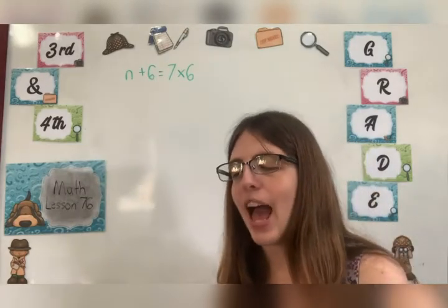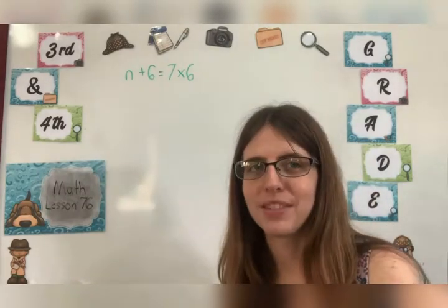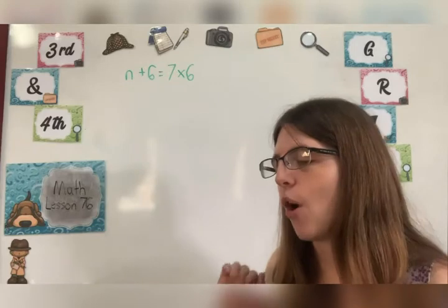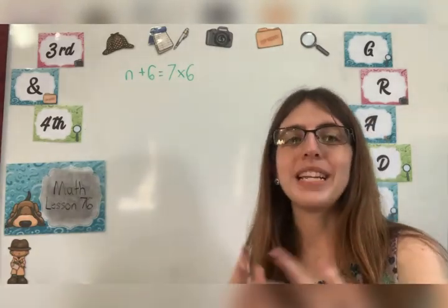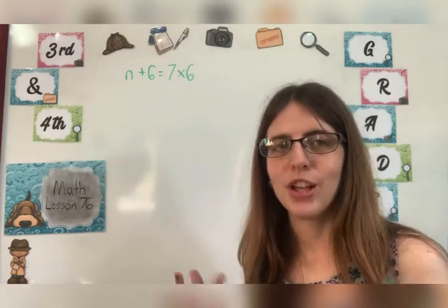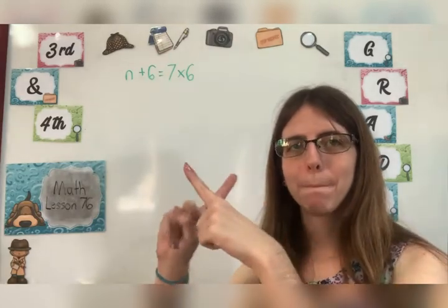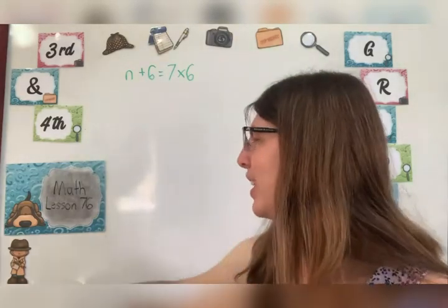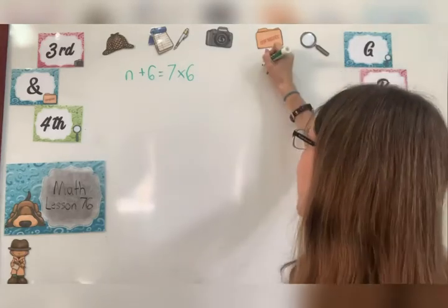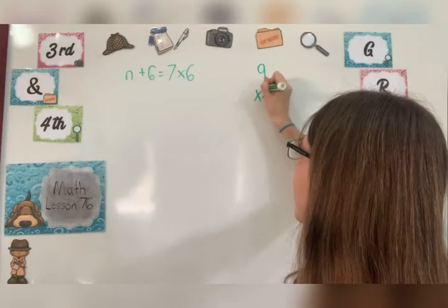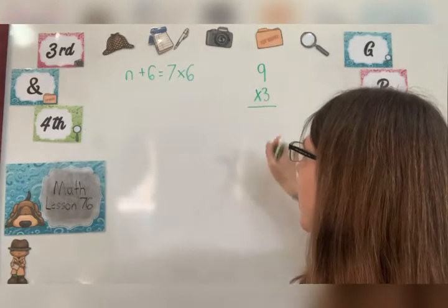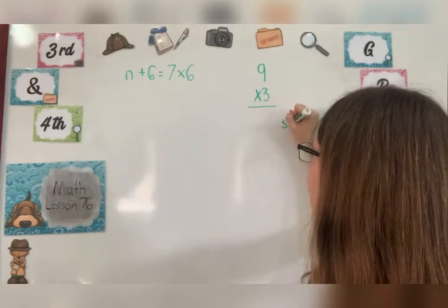It tells us how many shells Aaron found. But we want to know how many shells Andrew found. It tells us he found 3 times as many. So that means I need to multiply. So I multiply in my workspace the 9 shells that Aaron found times 3 to find the number of shells that Andrew found.